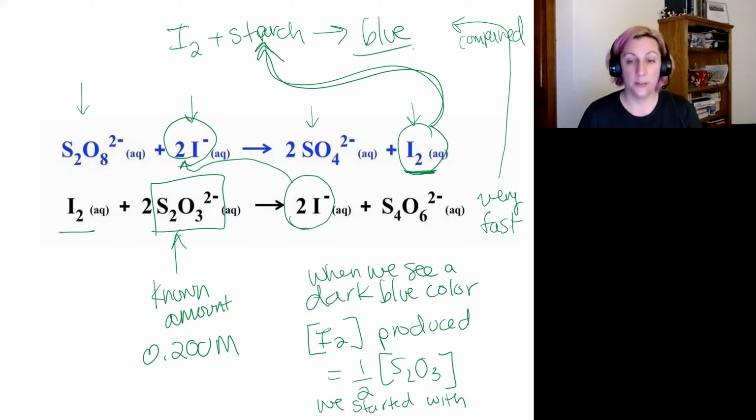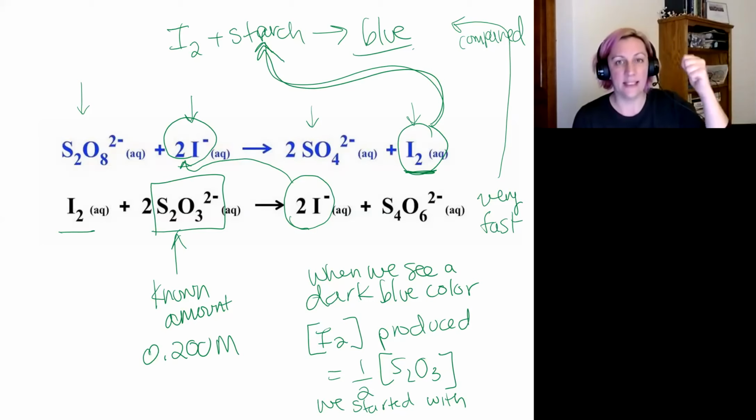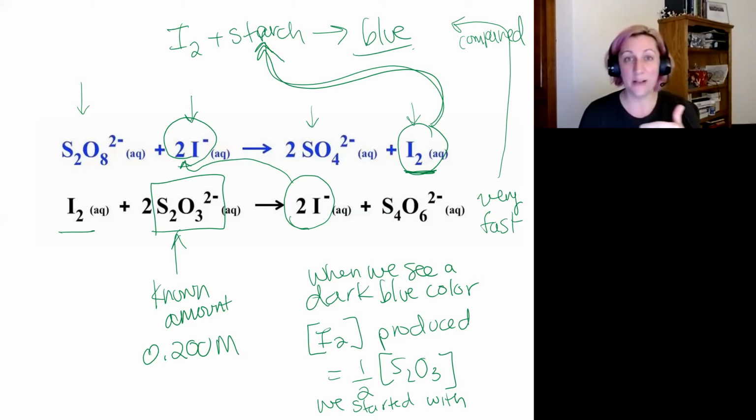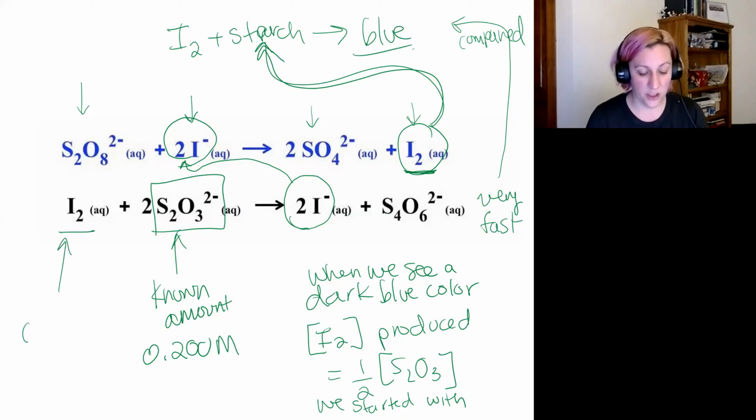And so that means when we see that dark blue color, we know that the concentration of iodine that we've produced in that amount of time is equal to 1/2 of the concentration of the S2O3 that we added to our reaction mixture. So that means at the exact amount of time that it goes blue, however long from start to turning blue, that amount of time is exactly the amount of time it takes to produce 0.100 molarity of iodine.